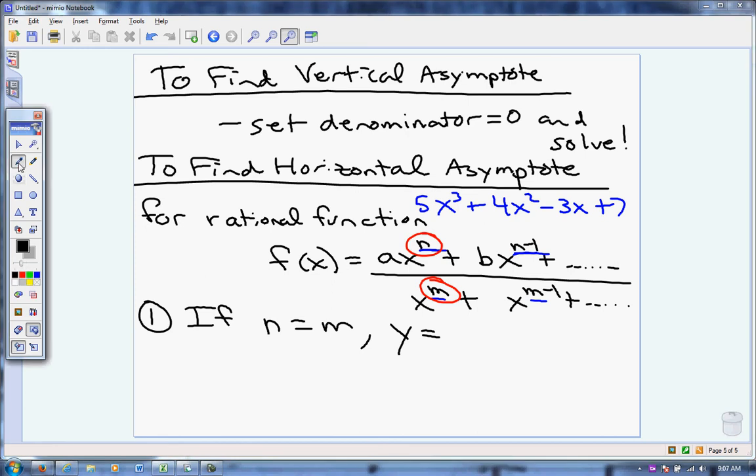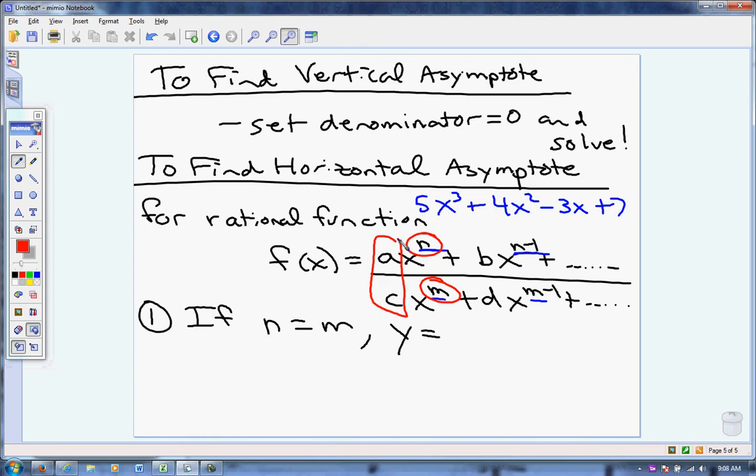Let's make those 2 letters C and D. If n equals m, then the horizontal asymptote is automatically A over C. If the highest power of the top and the highest power of the bottom are the same, then it is just those coefficients.